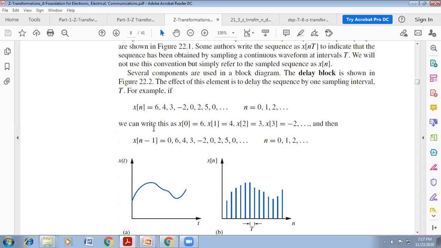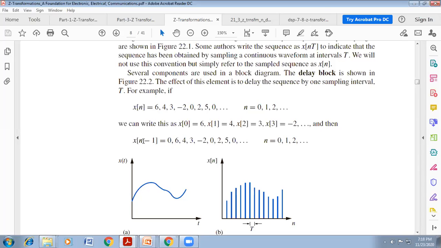So we can write x0 equals 6, x1 is 4, x2 is 3, right? We can write it as a sequence like this, and then x n minus 1 is putting n equals n minus 1 in this sequence, we get 0, 6, 4, 3 like this.